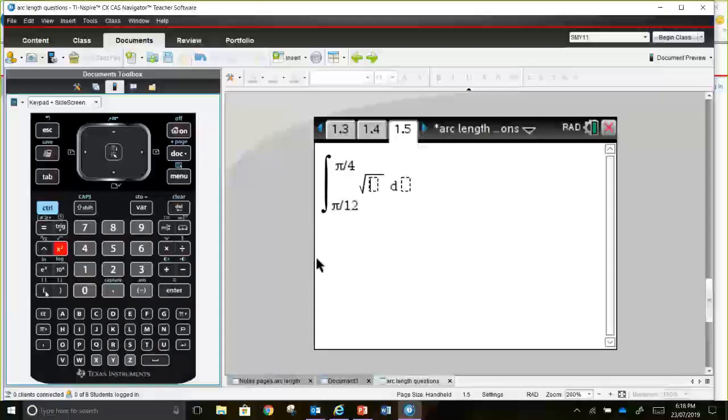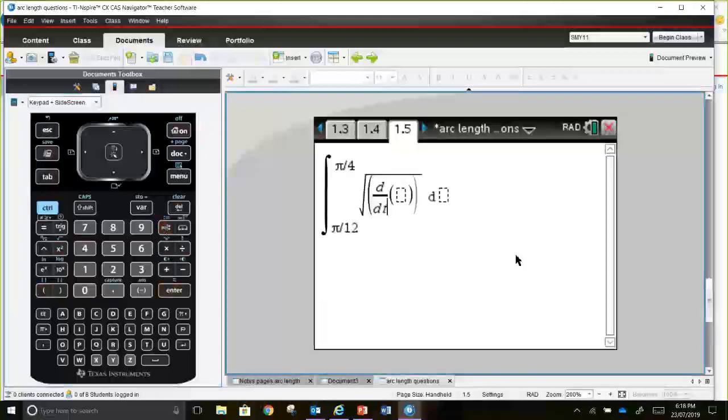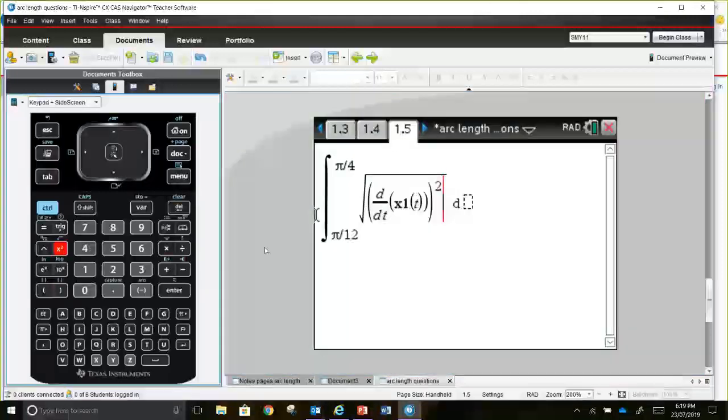So let's take a bracket here, use the template to get d/dt, and we can grab x1(t) from variables, and close the bracket and square it, because that's our dx1/dt squared.